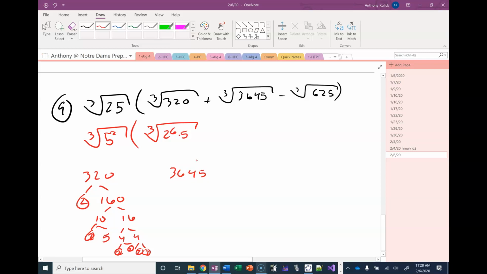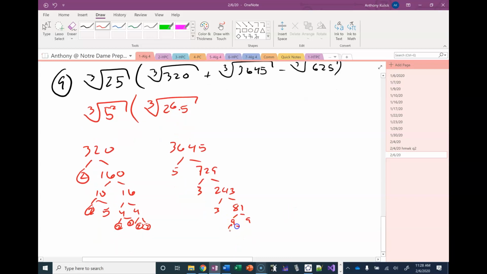3645, that's 5 and 729. And that is 3 and 243, which is 3 and 81, which is 9 and 9, which is 3 and 3. So I have 1, 2, 3, 4, 5, 6 3's, and then a 5.